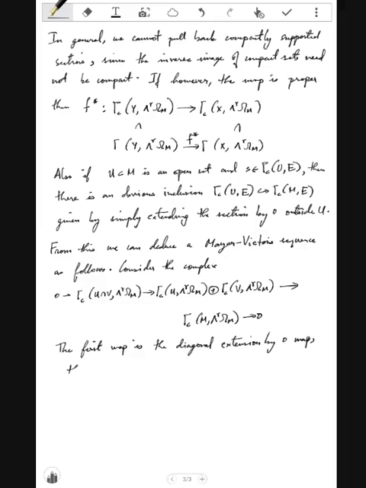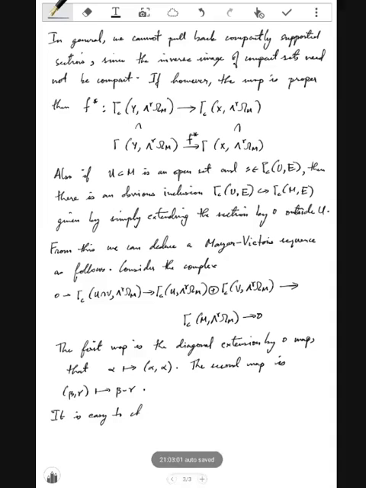That is, alpha is sent to alpha comma alpha. The second map is beta comma gamma is mapped to beta minus gamma after extending them by 0. It is easy to check that this is a complex.